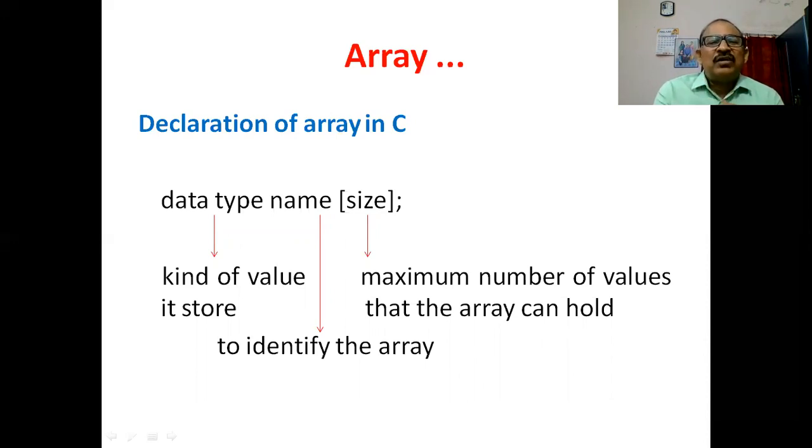It tells the kind of value the array stores. Which type of information are we going to store in the array? The name is used to identify the array. And the size gives the maximum number of values that the array can hold.